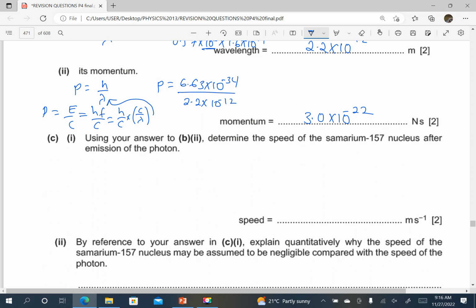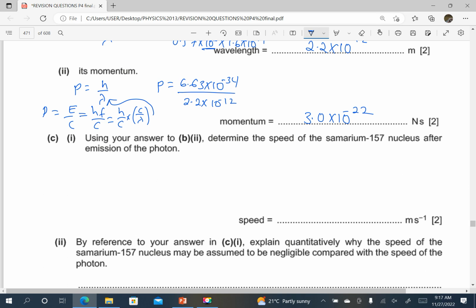If momentum is conserved, the momentum of the photon should be equal to the momentum of samarium, but in opposite directions, so that the total momentum is zero because samarium was initially stationary. Total initial momentum was zero. Total momentum after should also be zero. And how will it be zero? When the photon is emitted to the right, samarium must recoil to the left.